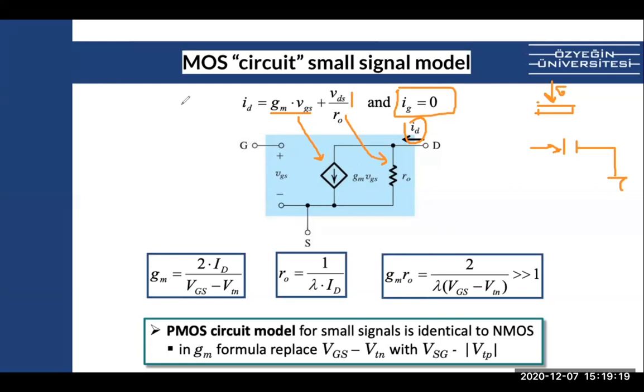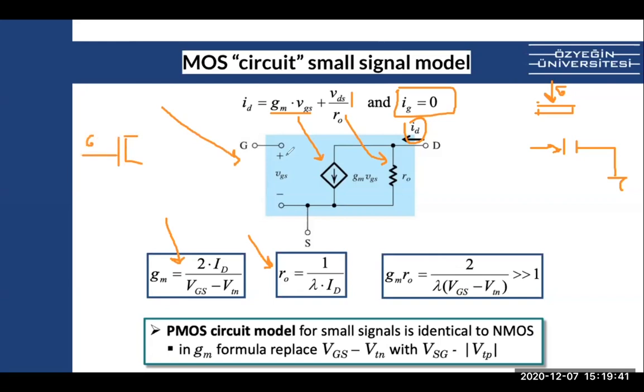Drawing this small signal model, we can see that we already defined these GM and R0, and this is the most basic small signal model that defines a MOSFET transistor.